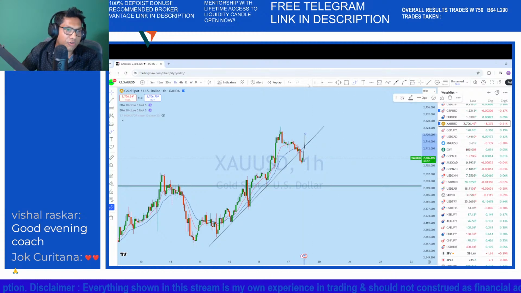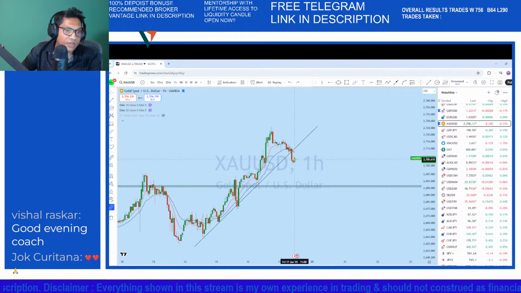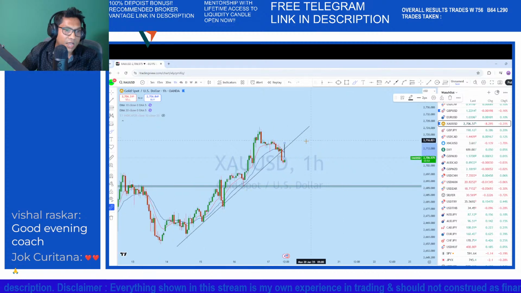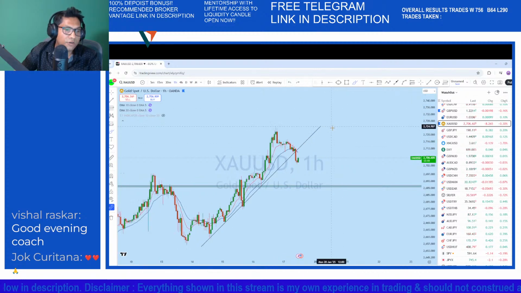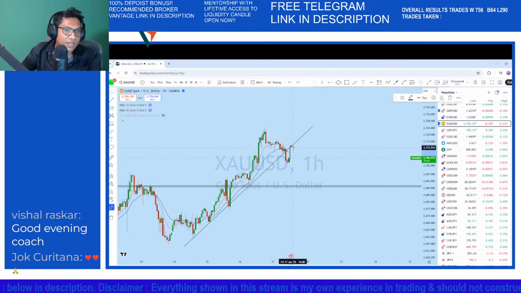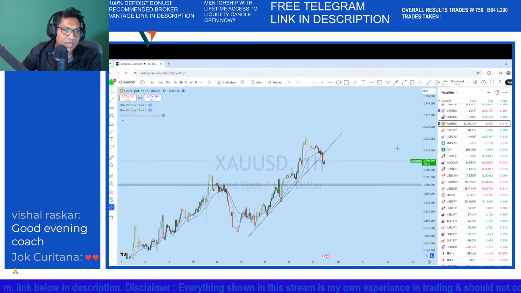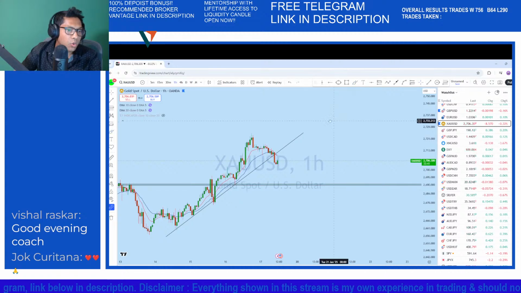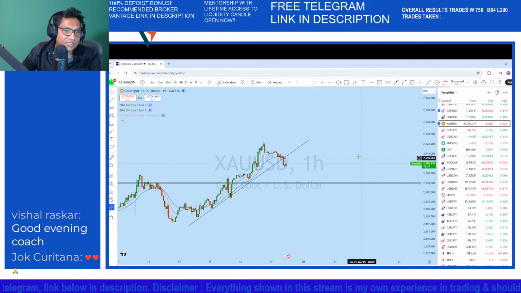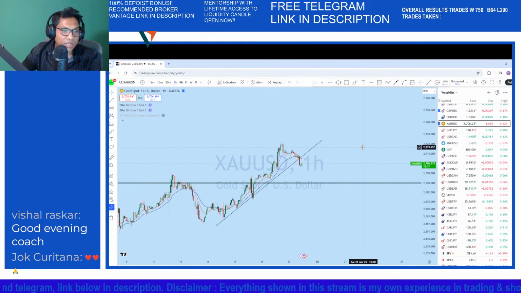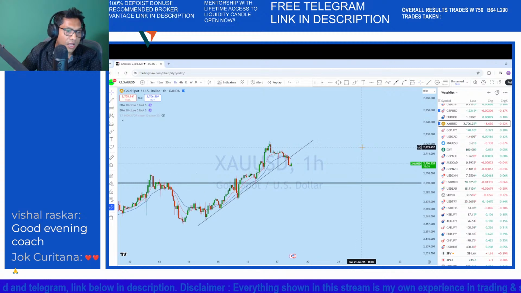So in this uptrending market, we will be waiting for the price to form an inverted head and shoulder, and we might see that with the inverted head and shoulder, the market moving back up to create a new higher high. So let's see where the price is heading, and based on that, we can look for entry opportunity in this market.